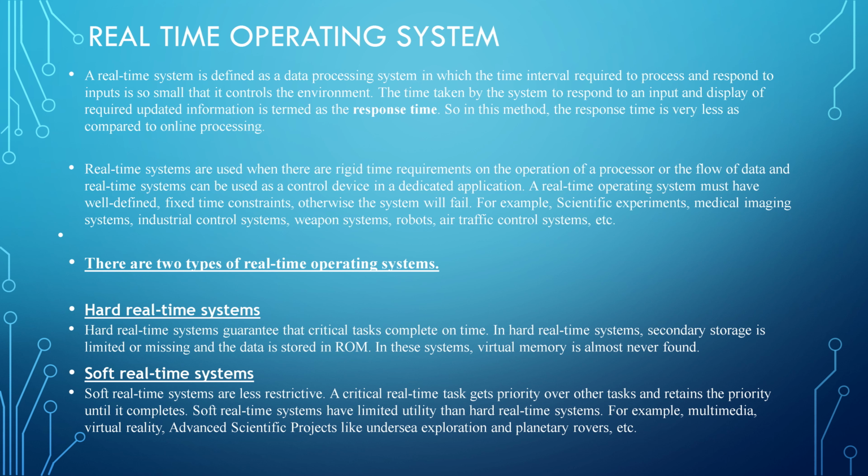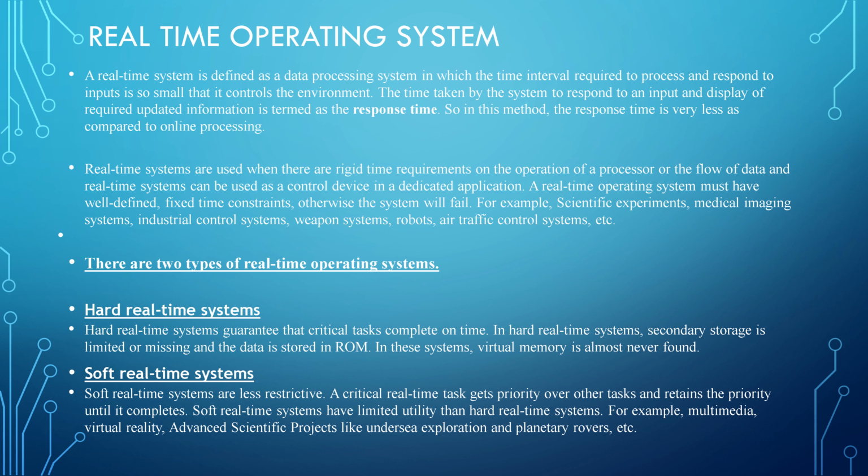A real-time operating system must have well-defined fixed time constraints, otherwise the system will fail. For example, scientific experiments, medical imaging system, industrial control system, weapon system, robots, air traffic control system, and etc.